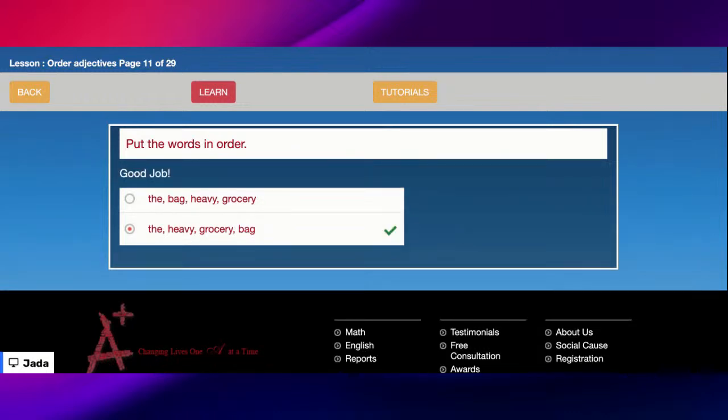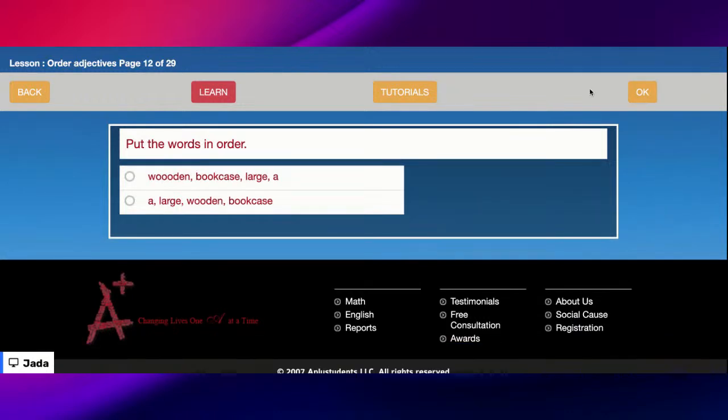So this one: wooden, bookcase, large, a. What's the right answer? What's the right one here?